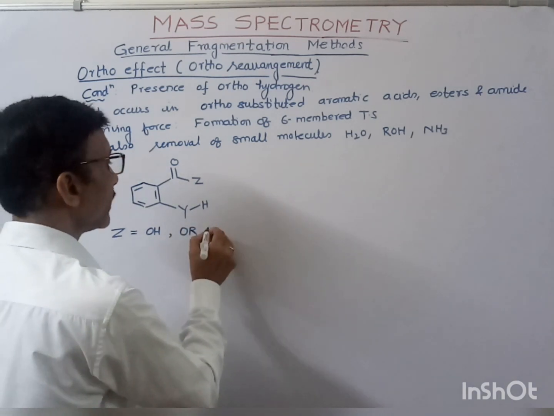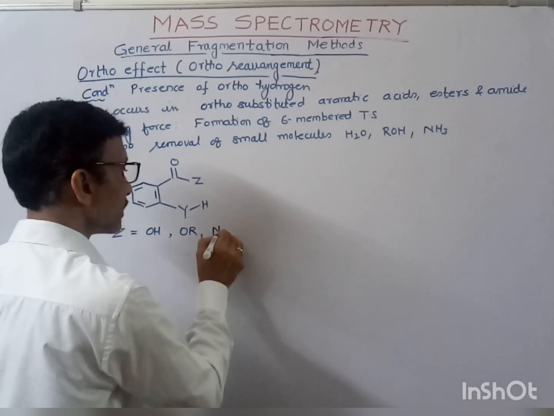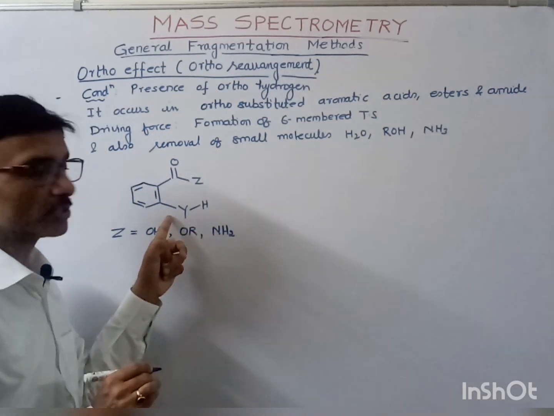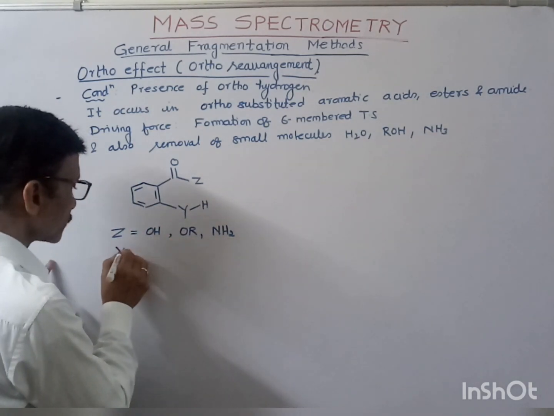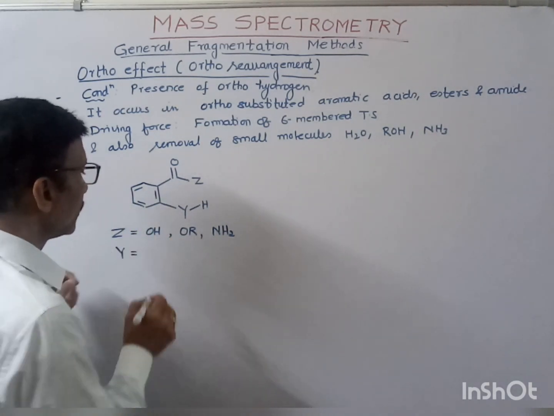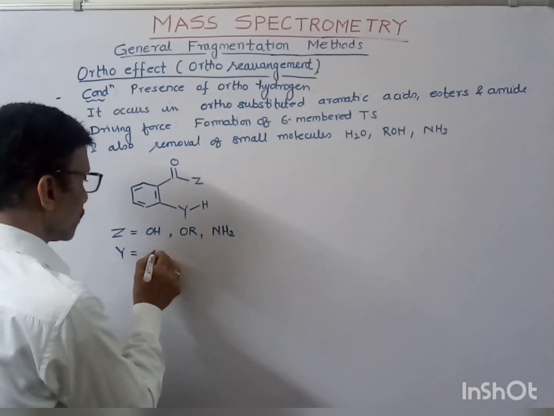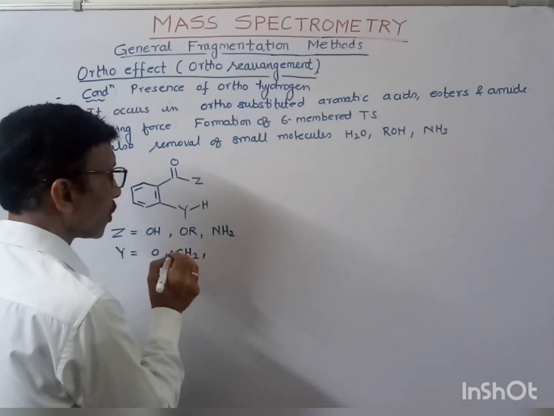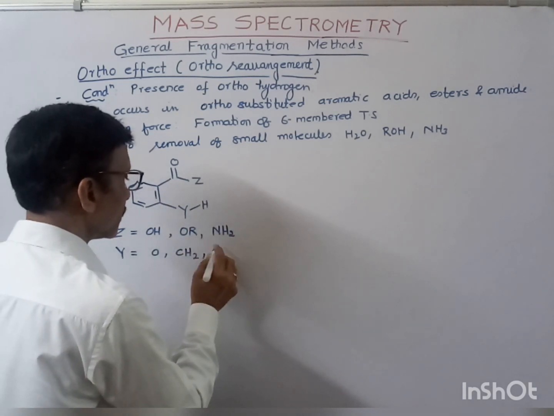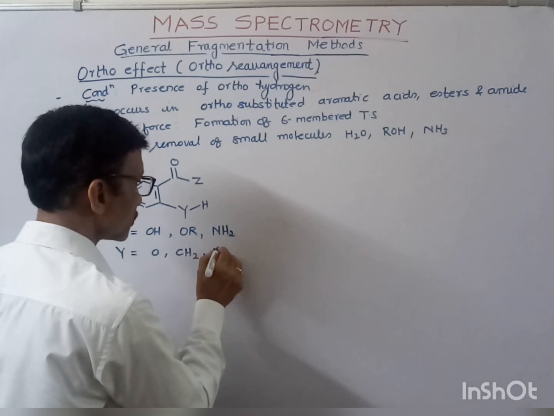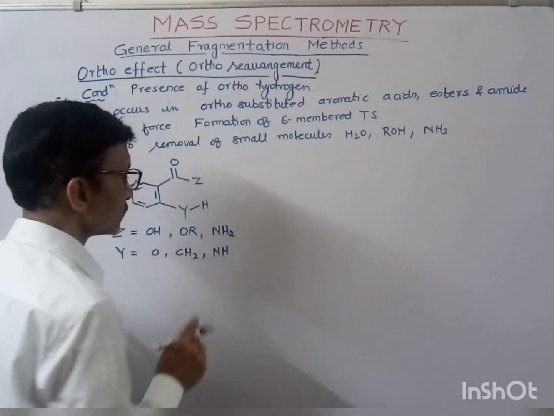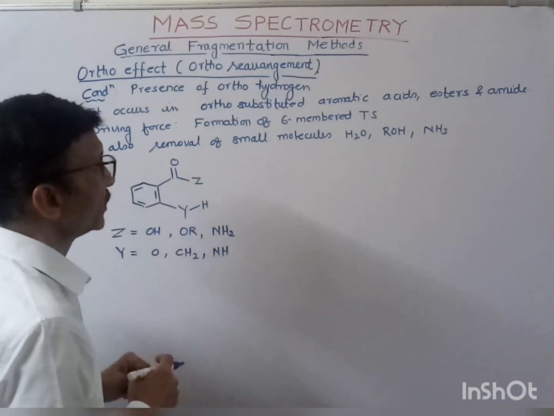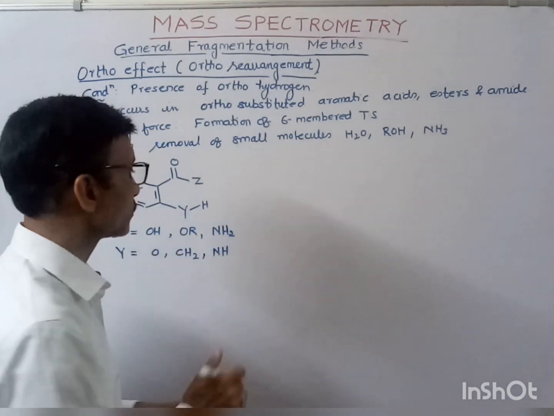If we have an amide, then Z is NH2. This is the ortho position here. This Y may be either O, or CH2, or NH.